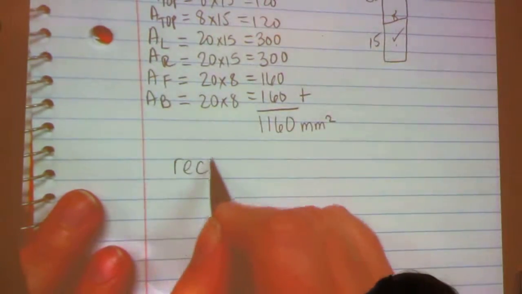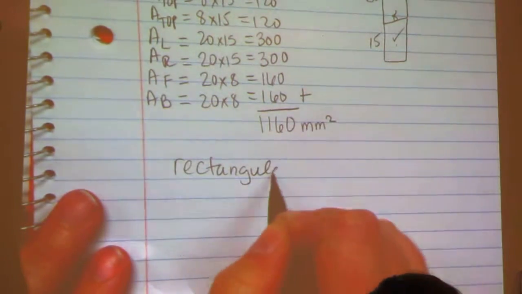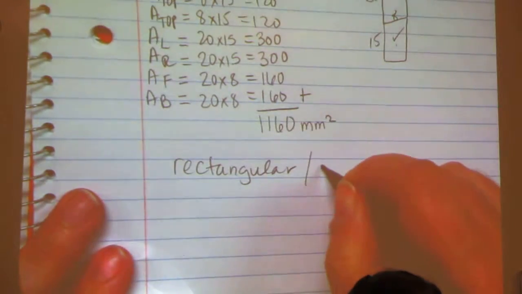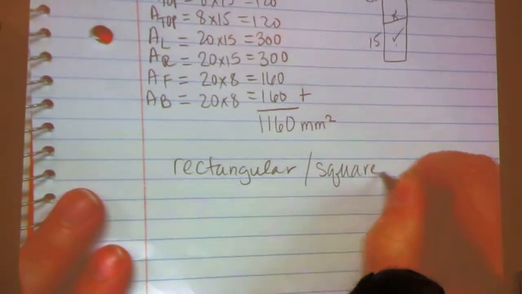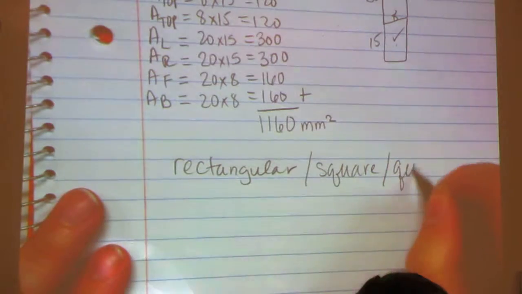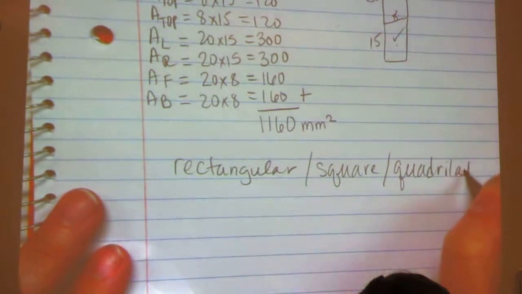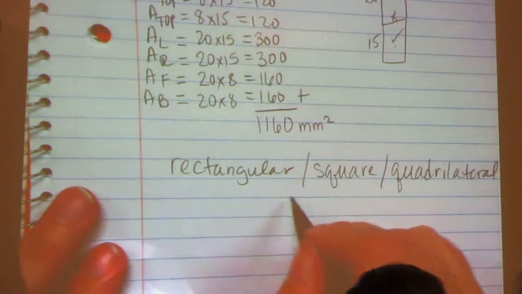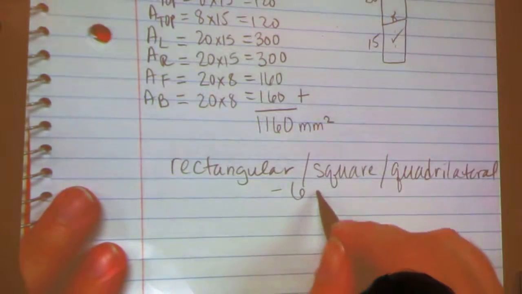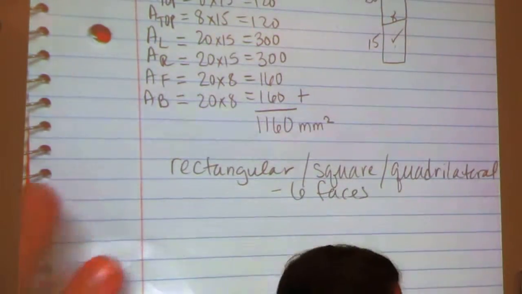Rectangular, square, or other quadrilateral figures will have 6 faces.